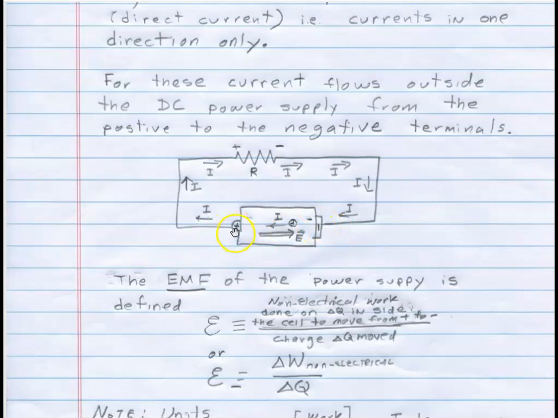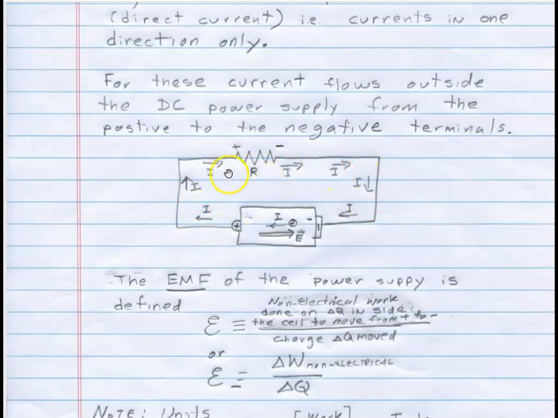Positive charges like to go from high potential. This positive terminal on the battery is not only positive charge, it's the high potential side. The negative terminal on a battery is not only the negatively charged terminal, but also the low potential side. So here we have current flowing in this direction, at least external to the battery.